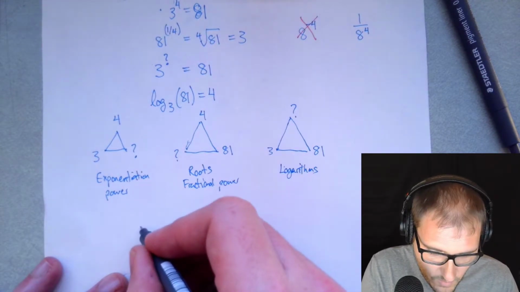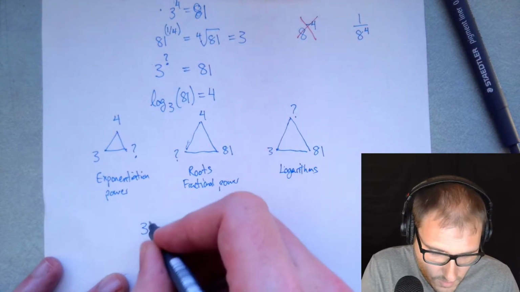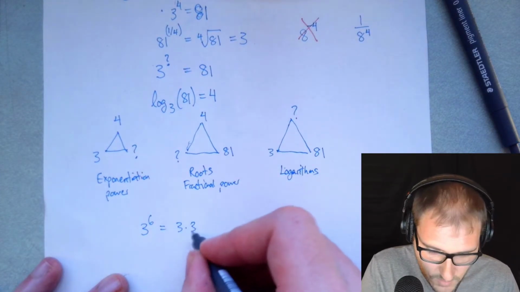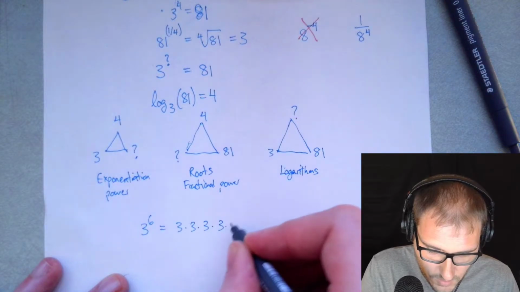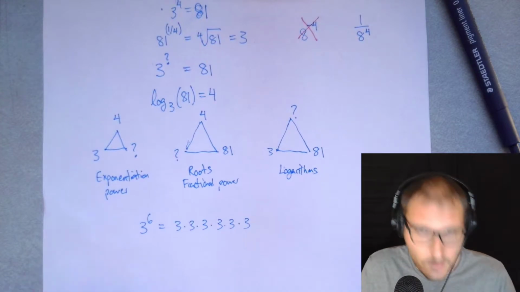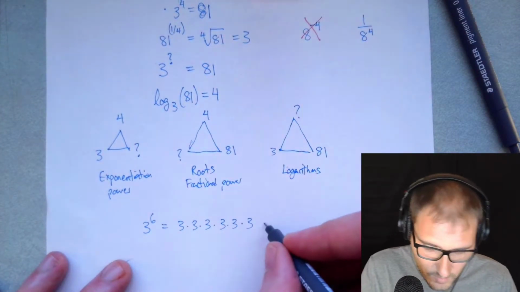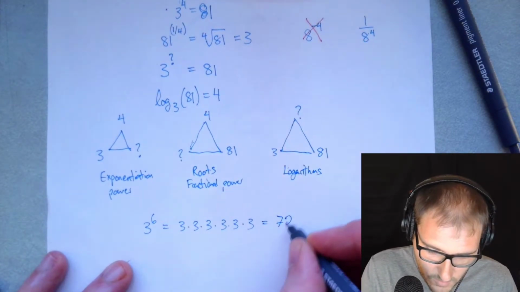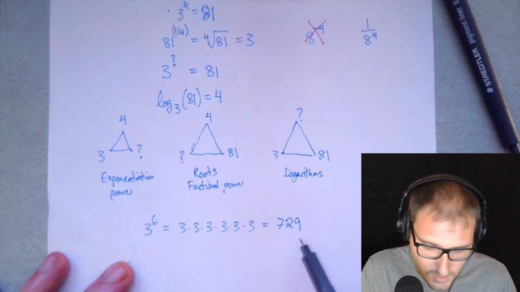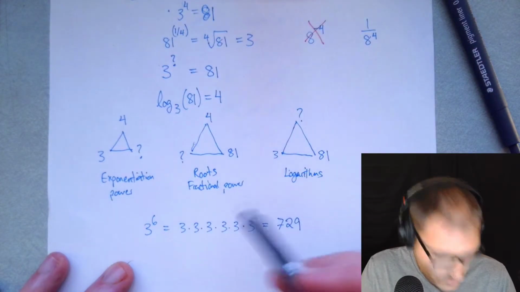Let's say we wanted to raise 3 to the 6th power now. So 3 times 3 times 3 times 3 times 3 times 3. If you plug that into your calculator, which I did beforehand, it's 729. So we can write 3 to the 6 as 729. We could do this business with logarithms.